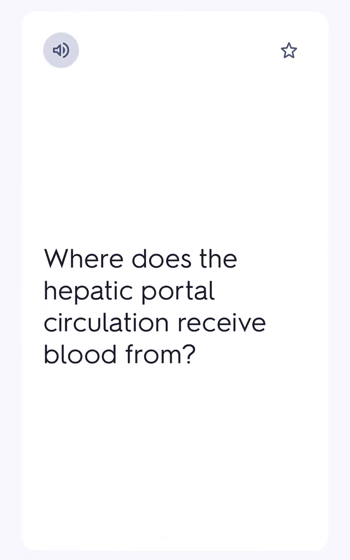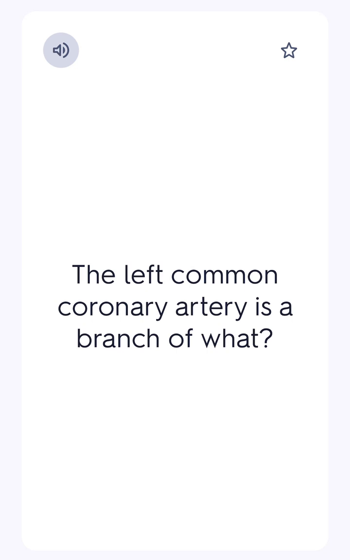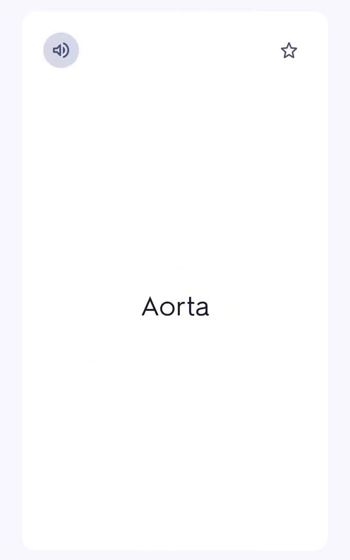Where does the hepatic portal circulation receive blood from? All venous circulation from the splanchnic area. The left common coronary artery is a branch of what? Aorta.